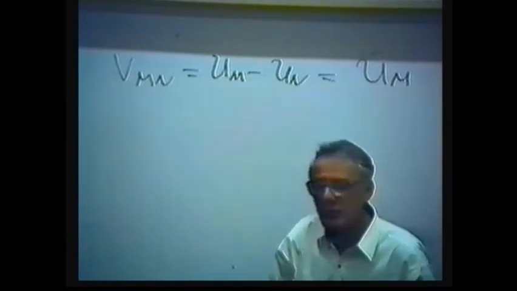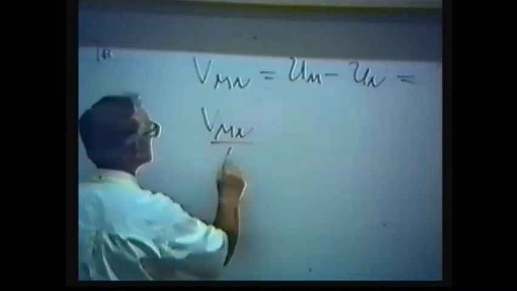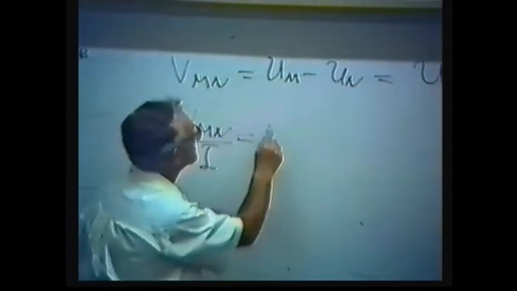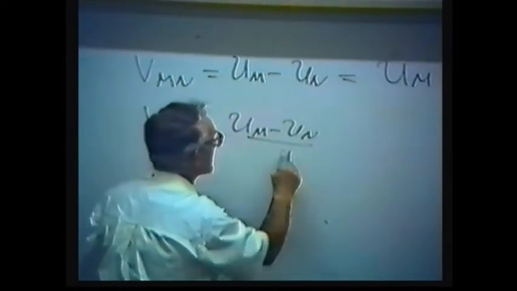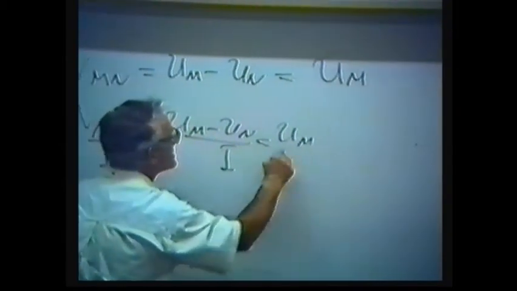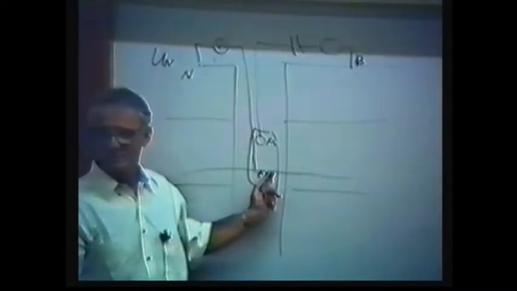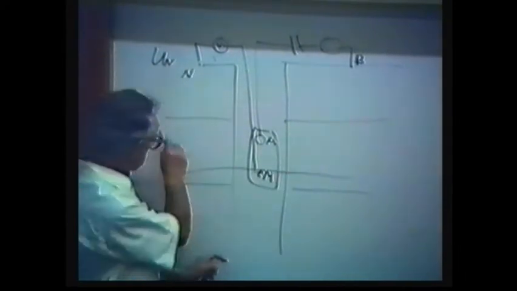Then when we take the ratio, what do we measure? Um minus Un divided by current, or Um divided by current. That's the equipotential surface which is going through the electrode.